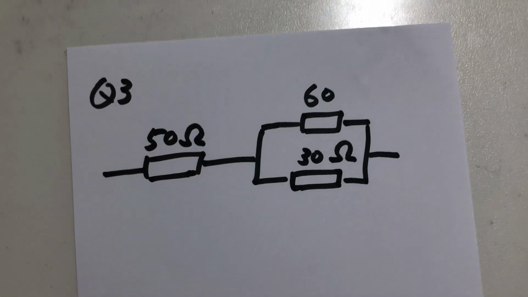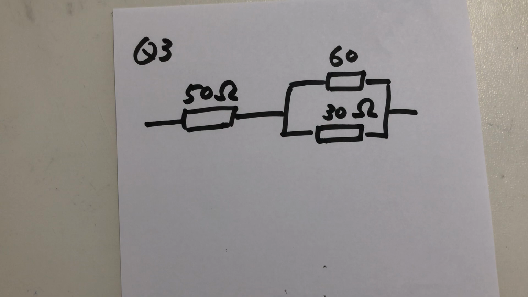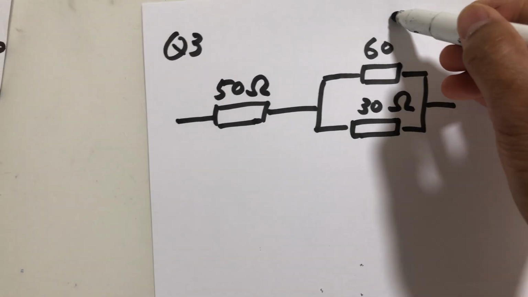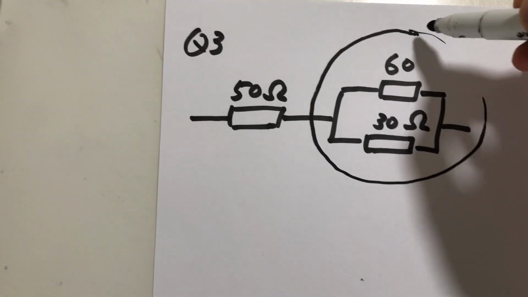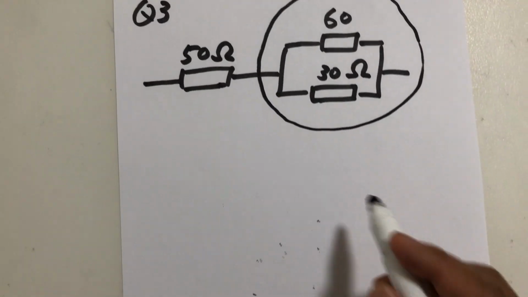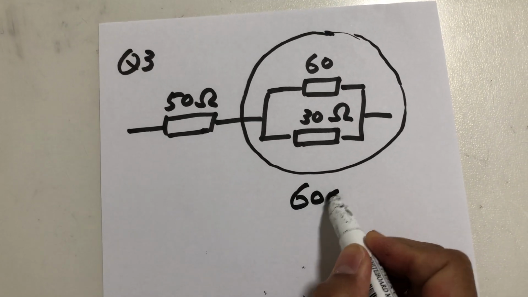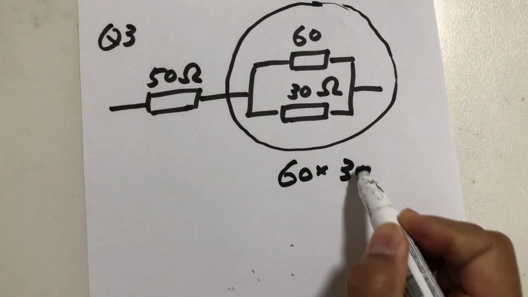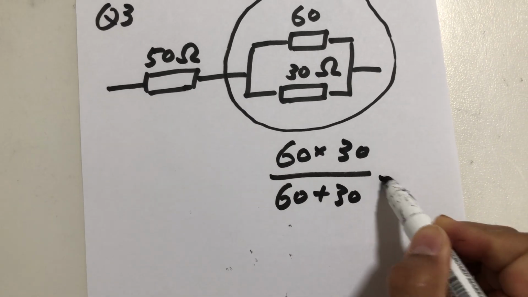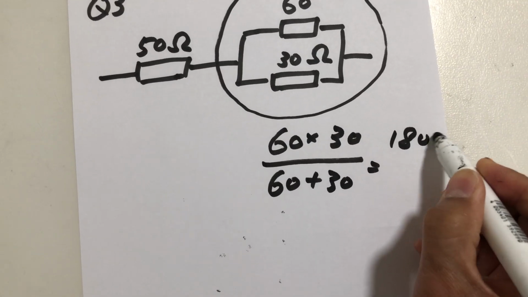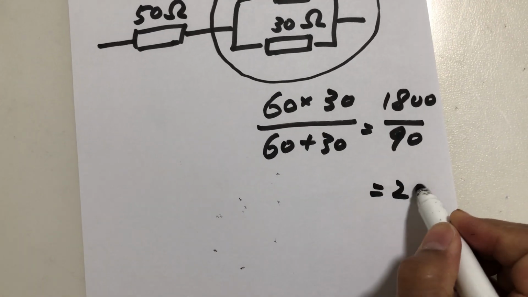Question 3. How do we calculate question 3? Oh, this is a combination. What do I do, sir? Okay, you have to calculate the parallel first. How do we get the parallel? It'll be the same thing, 60 times 30, divided by the first one plus the second one. And it is 20.